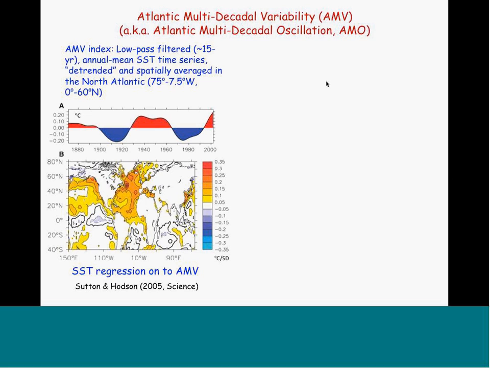But anyway, you get a picture of some kind of low-frequency variability, although observational SST records are very short. If you take the SST time series and regress onto the AMV, you get the bottom panel, which is a hemispheric signal in terms of the SST. In this case, it's warming, particularly in the Atlantic basin.